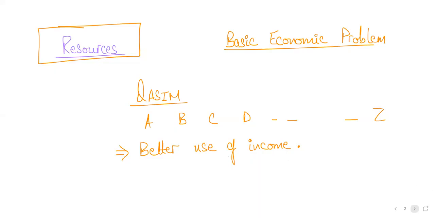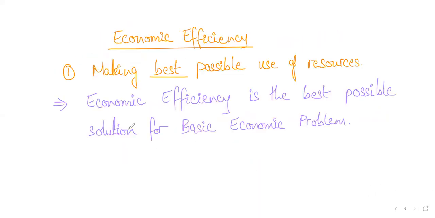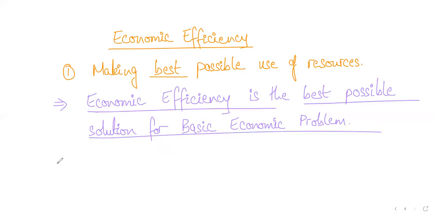But what the country can at least do is to make better use of its resources. Are you getting me? So when you are using your resources efficiently, when you're not wasting your resources, that is what makes us say that economic efficiency is the best possible solution of economic problem. So the best way you can deal with basic economic problem is to make the most efficient use of your resources. Is this making sense?